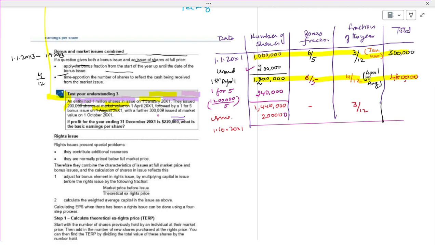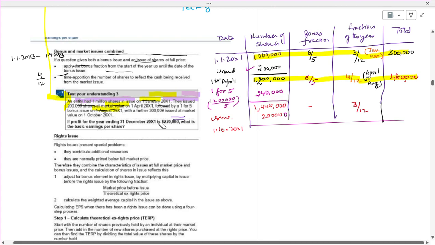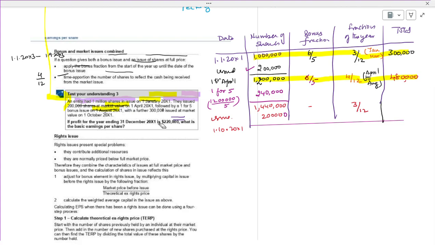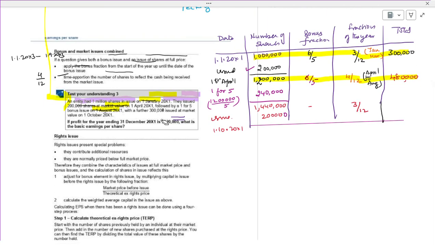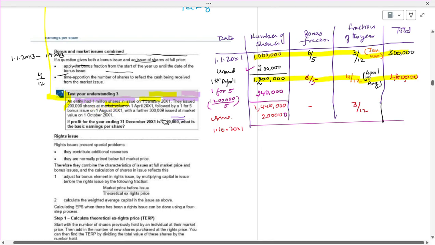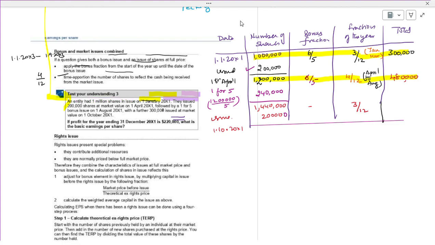What they have said is that on April 1st, followed by a 1 for 5 bonus issue. 1 for 5 bonus issue on when?